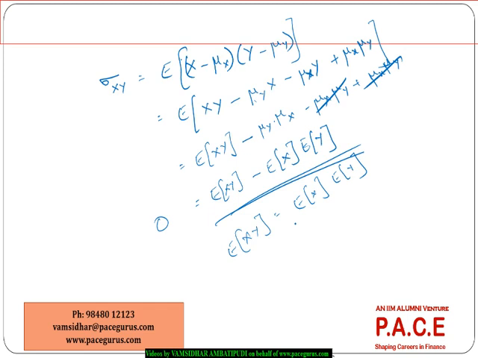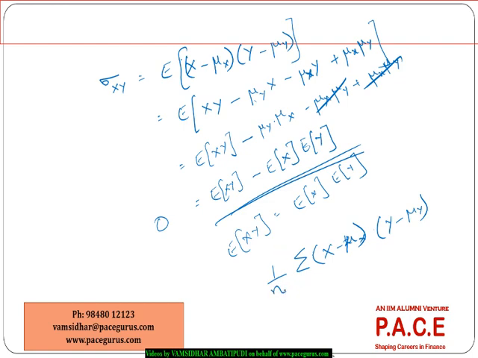So if the covariance between the two is 0, then I can see the multiplication relationship that is getting maintained. And one more important point regarding the covariance is, just like the variance, if I am doing it for a population, I'll look at it as x minus mu x times y minus mu y, sum it and divide by n.